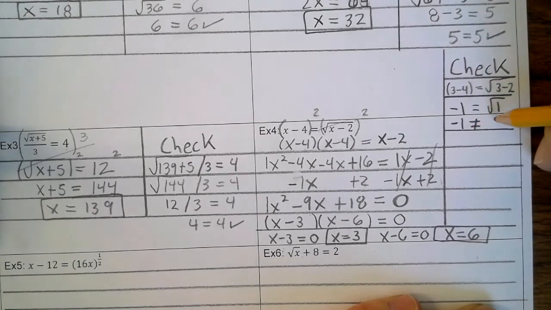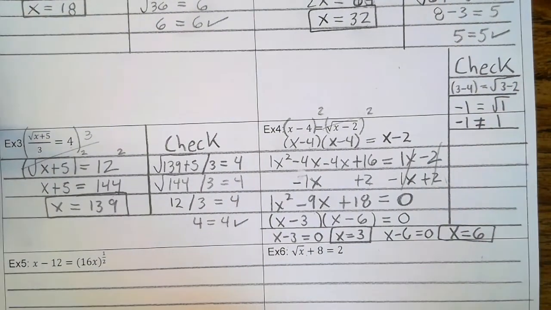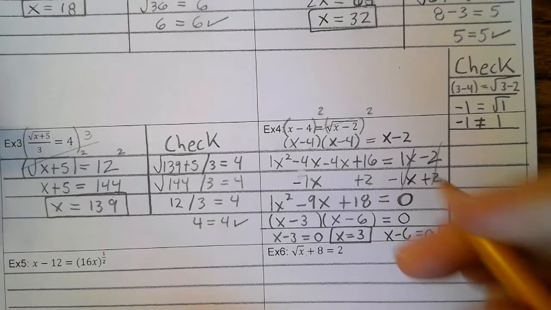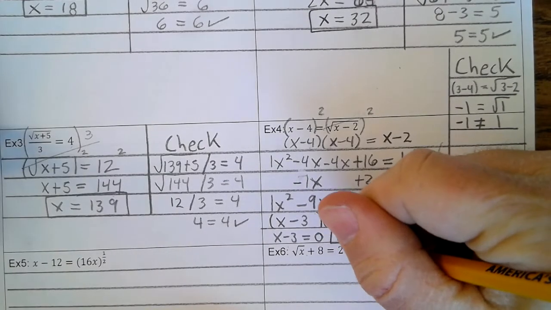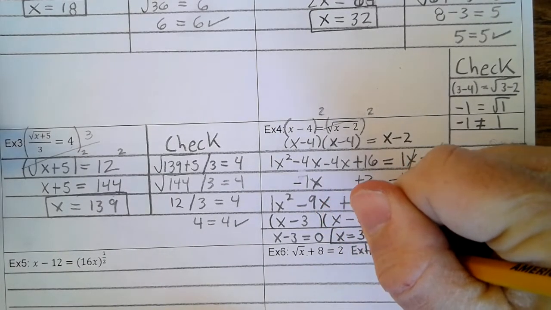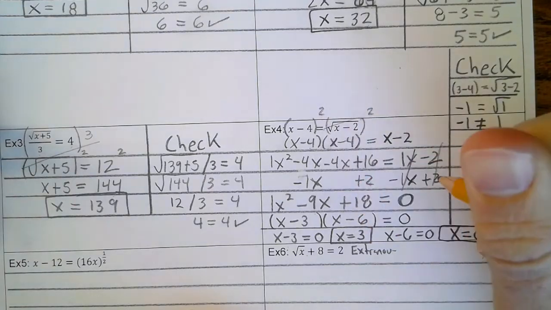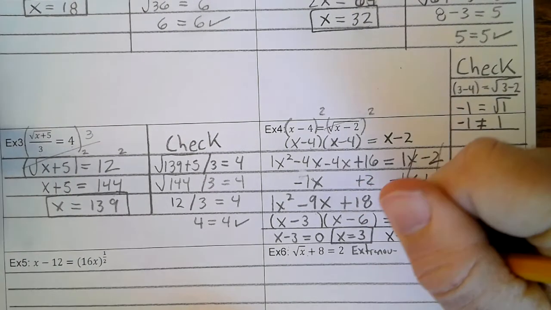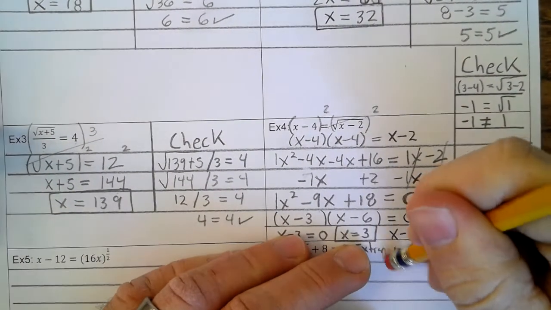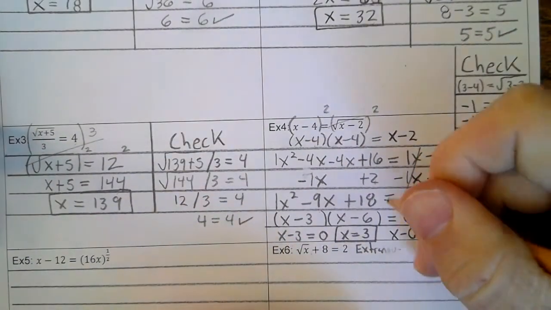So we say that x equals 3 is an extraneous solution.